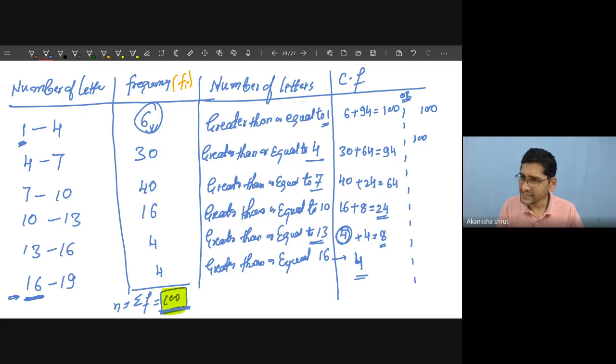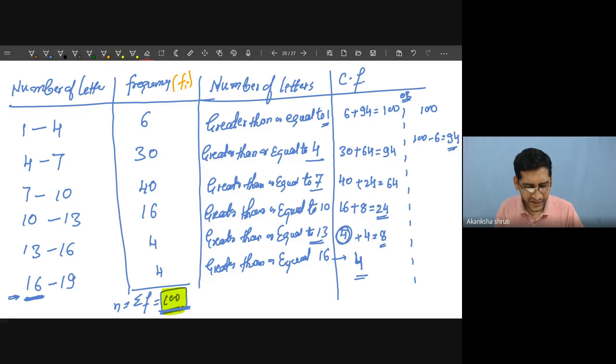Because 100 includes everything, but 1 to 4 is 6. So 100 minus 6 is the same as 94, whatever I have calculated. So both methods are equally correct, but it is always advised to practice the first method.